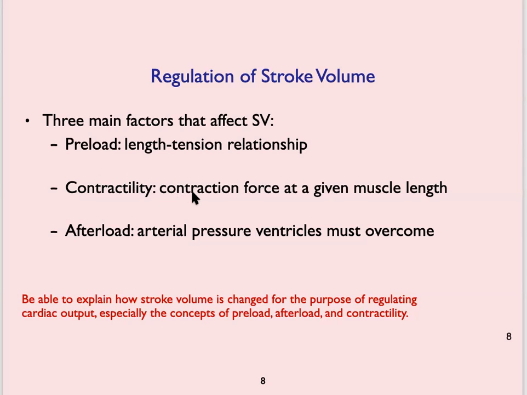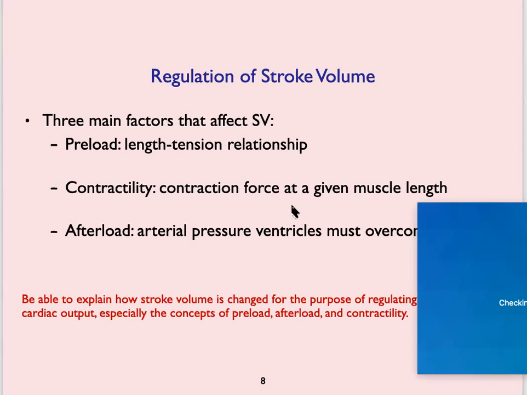Contractility measures the contraction force at a given muscle length, and this has to do with the amount of calcium released during that excitation contraction coupling. So cardiac muscle contraction shares a lot of similarity with skeletal muscle contraction.